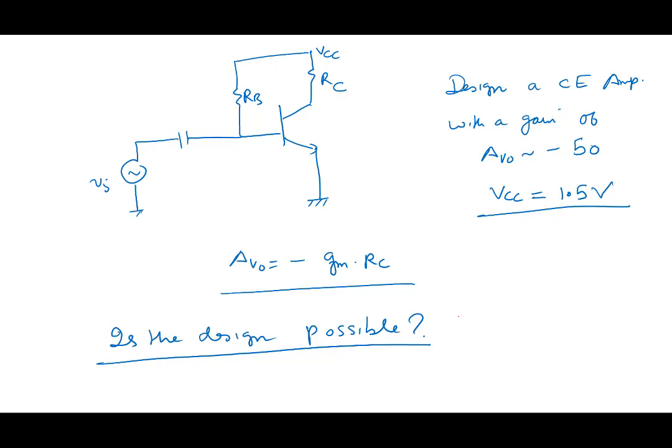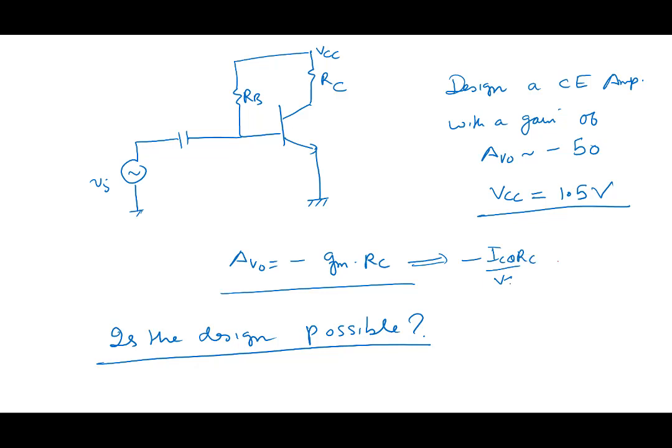Note that what you need to do is take this equation and write it. Minus GM is ICQ by VT, times RC.